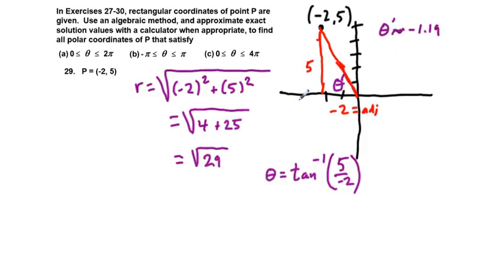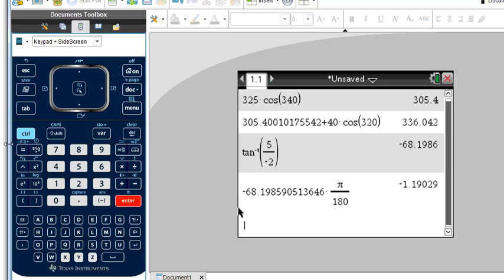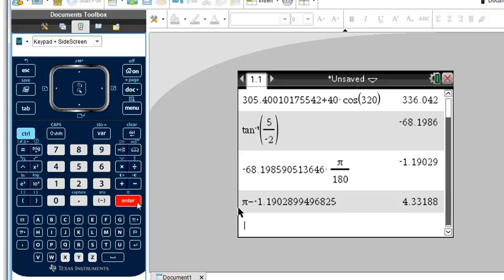Well, to get this angle as a positive rotation, we will have to say theta is going to be equal to pi minus 1.19, right? So we go back to our calculator, and we're going to put in pi minus, actually, it should be plus 1.19, right?